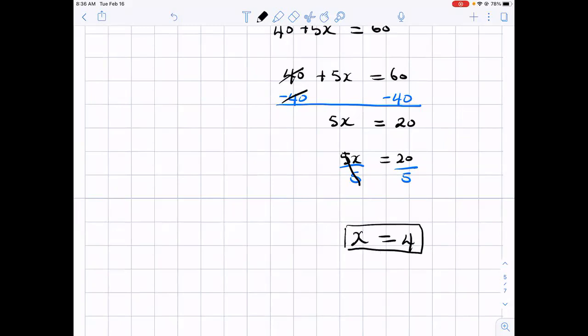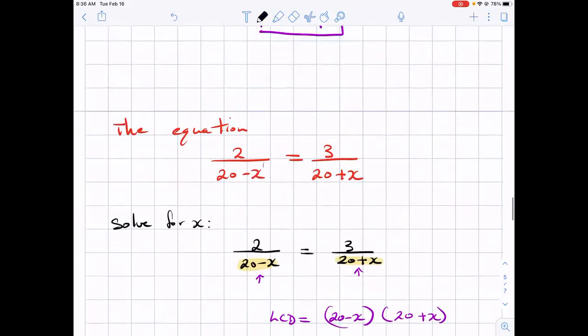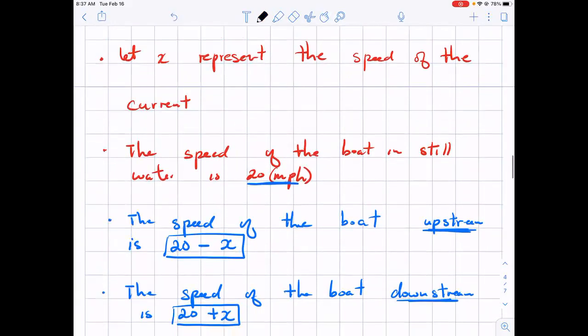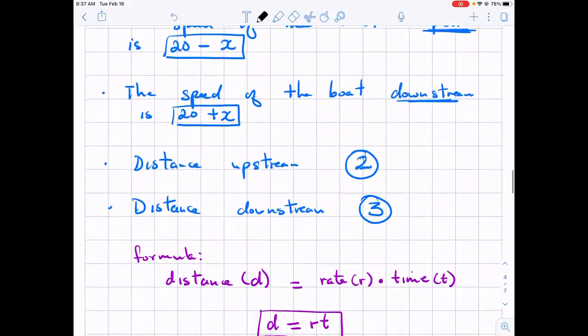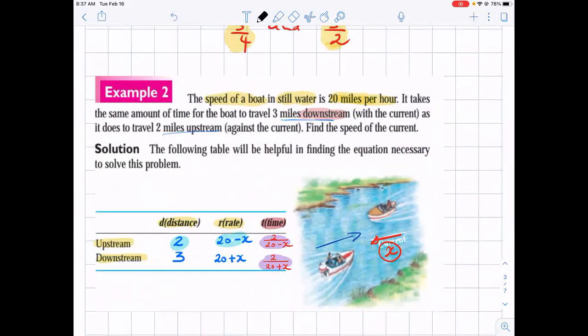But you're not finished. What is the question asking? The question says to find the speed of the current. We know that the speed of the current is x, and the speed in this problem was in miles per hour.